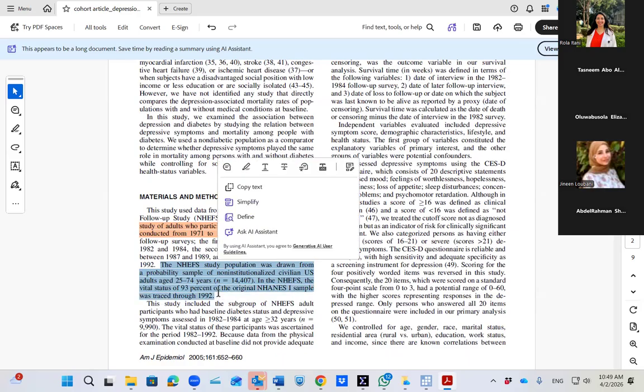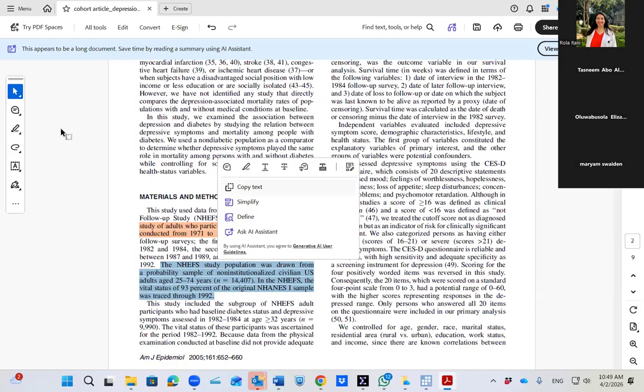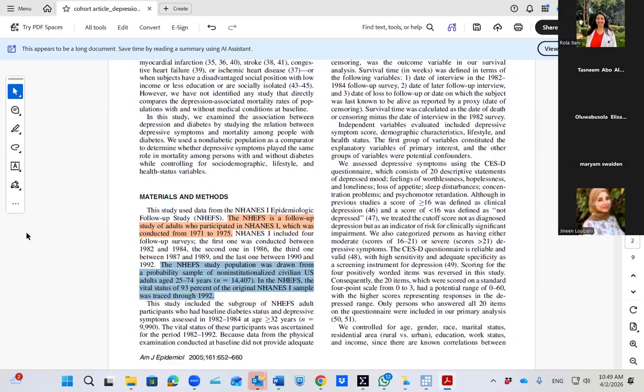And then they talk about how many had baseline diabetes, because it's all about looking at depression and mortality, and how diabetes is affecting this relationship. So what's happening among diabetics in terms of depression and mortality, versus non-diabetics. They highlighted that there's a subgroup of adults who had baseline diabetes, and these were 9,990.